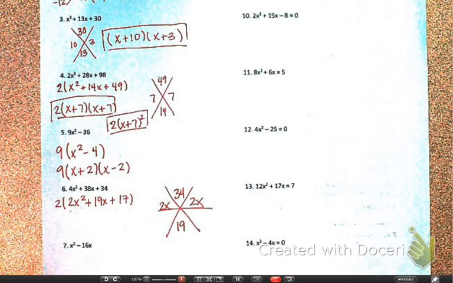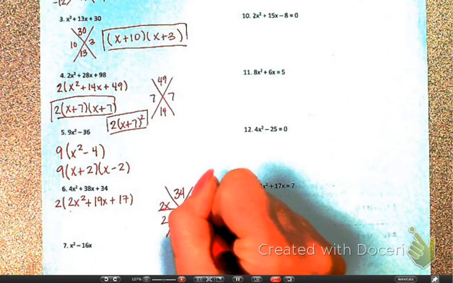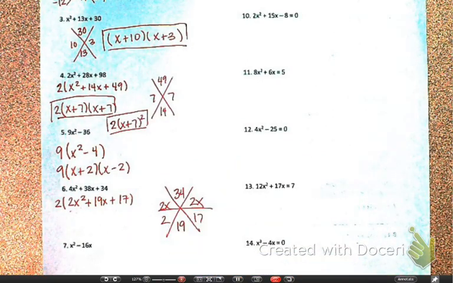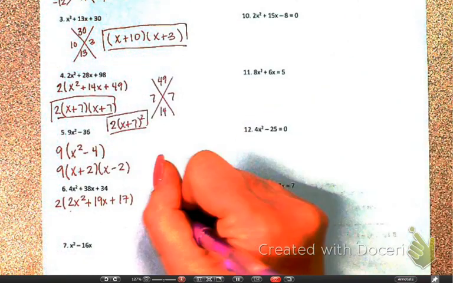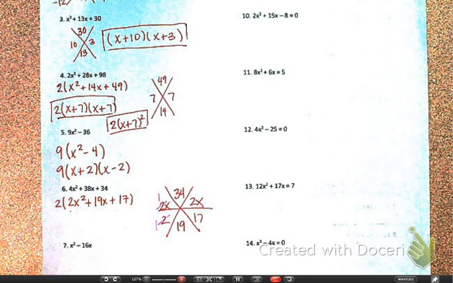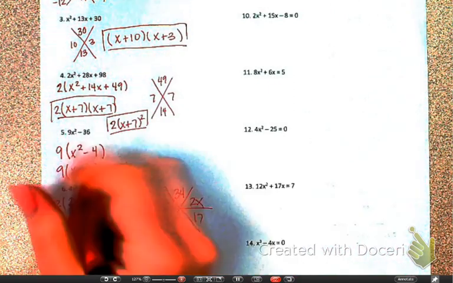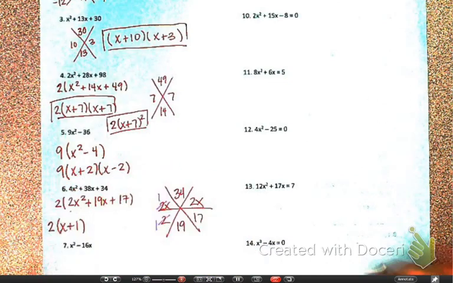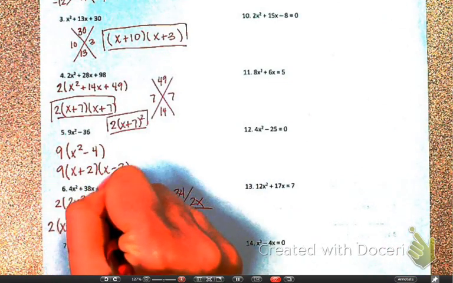So I'm looking for two numbers that multiply to 34 and add to 19. 2 and 17. 2 times 17 is 34. 2 plus 17 is 19. Reduce if you can. So I can reduce the 2's. This does not reduce, so I'm left with 2 on the outside, x plus 1, and 2x plus 17.